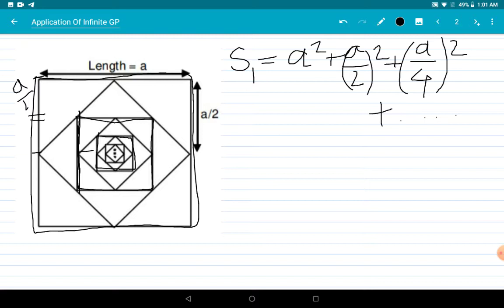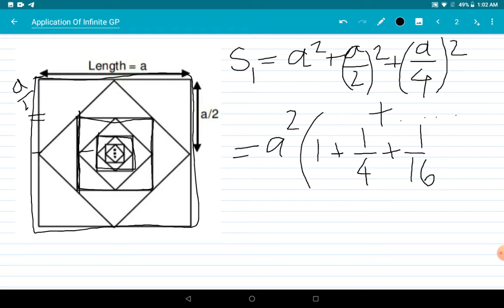Now what is the value of S1? As we can see, it's an infinite GP. If we simplify this and take a squared common, we'll see 1 plus 1 by 4 plus 1 by 16 and so on. We know the sum of an infinite GP is equal to a by 1 minus r.